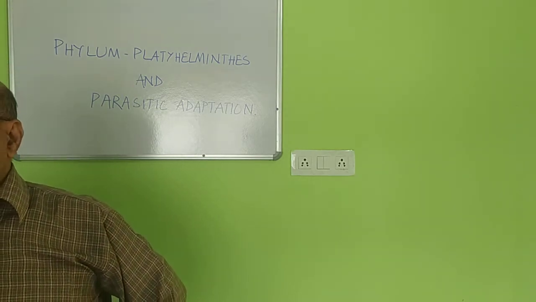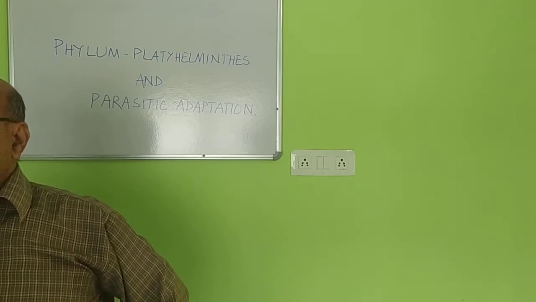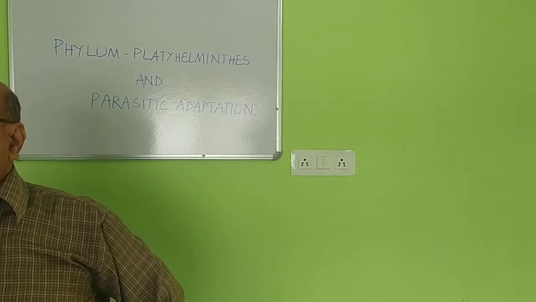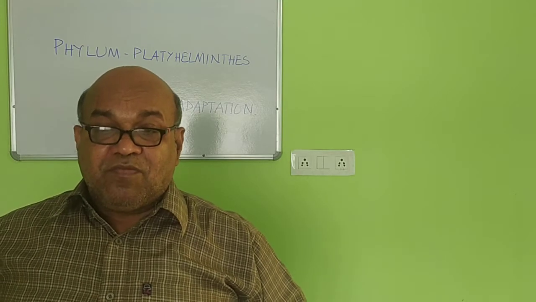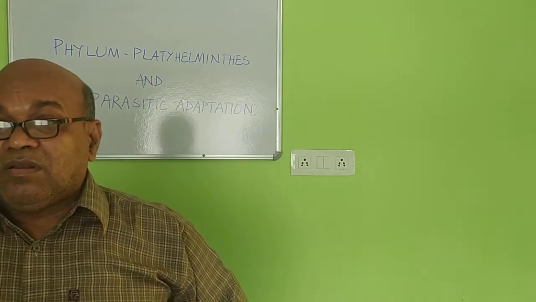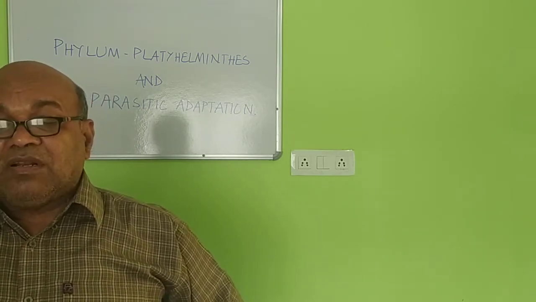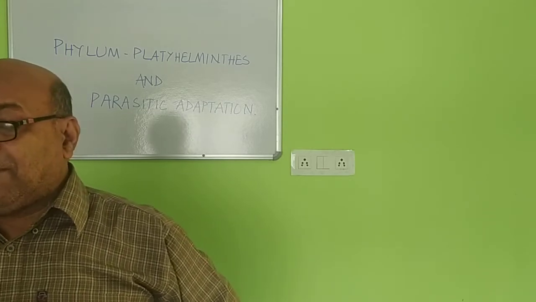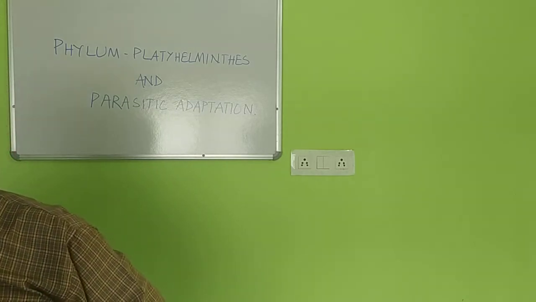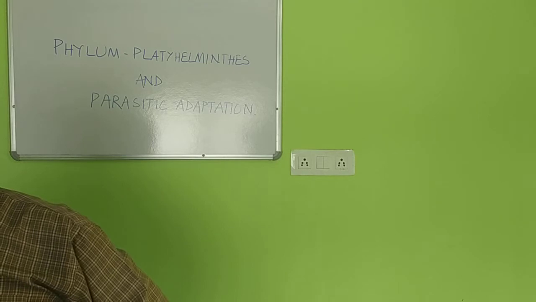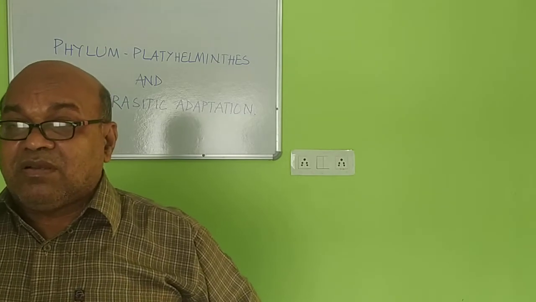They depend upon vertebrate groups of organisms, especially human beings, and also other animals like cows, buffaloes, goats, sheep, dogs, etc. Mostly they are parasites in vertebrates, but a few are free living, as in the case of planaria.